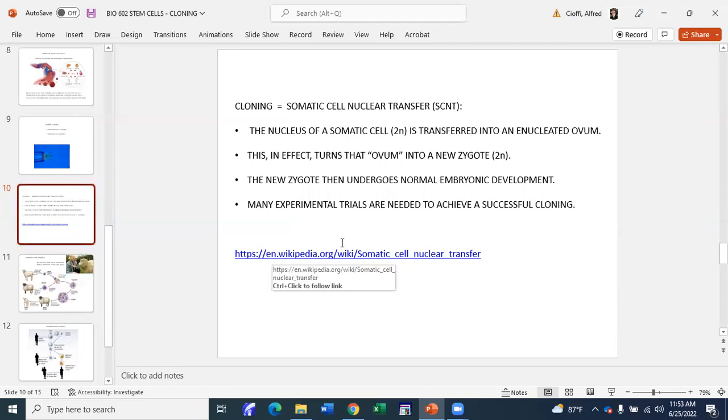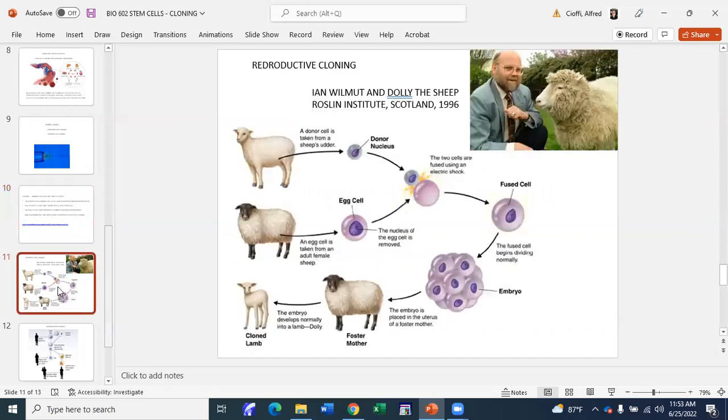I was just trying to explain in too much detail what cloning involves. You can just read it in Wikipedia. It's a very simple explanation. Let's go to Dolly. Okay, so this was done at the Roslin in Scotland, again in '96, and this is how they did it.